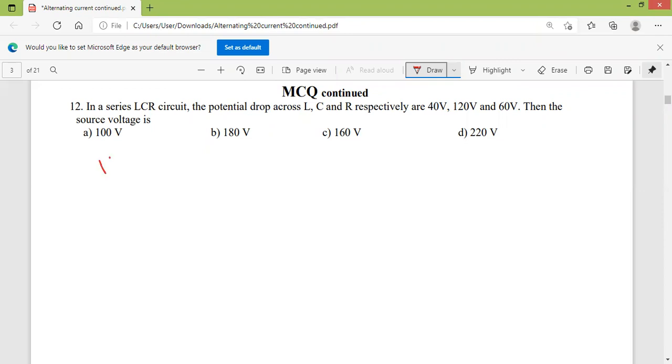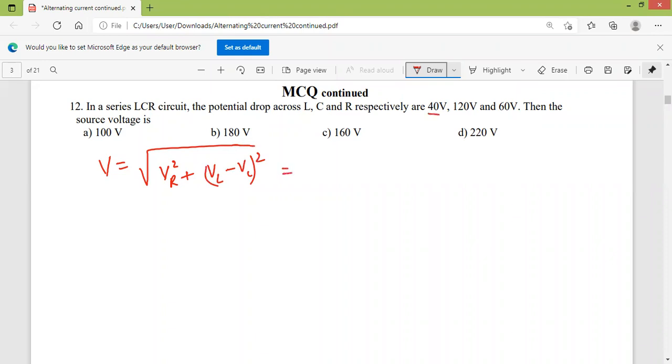You know that the source voltage V is equal to square root of VR square plus the square of the difference of VL and VC. You take whichever one is greater, VL minus VC whole square.